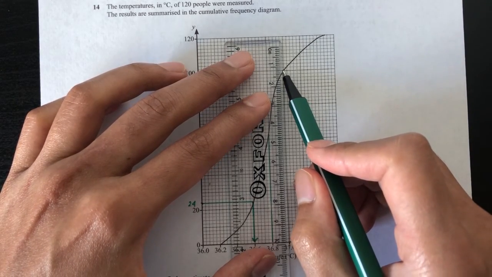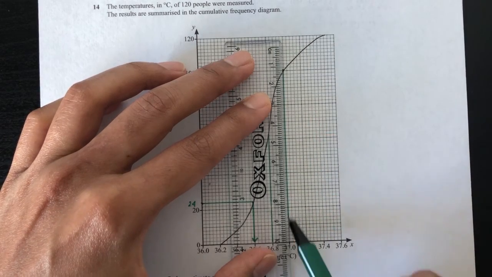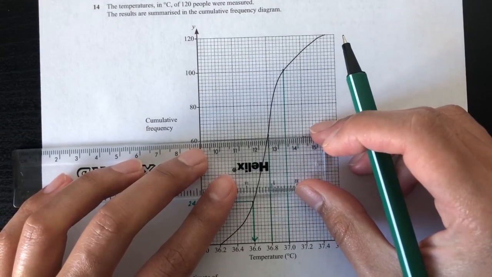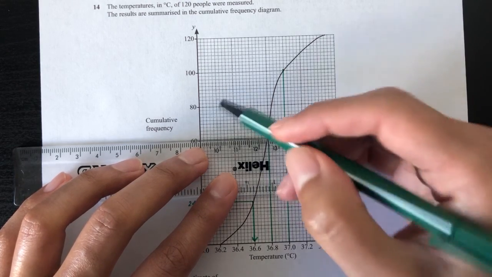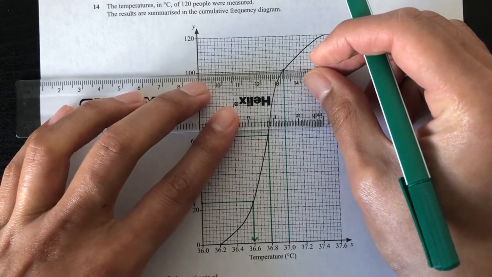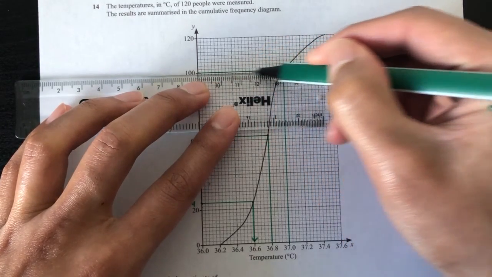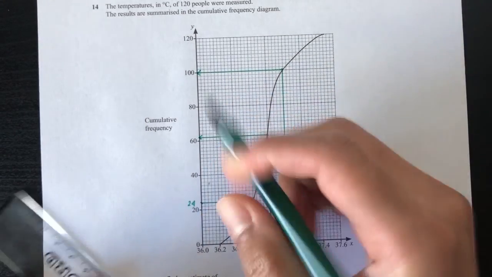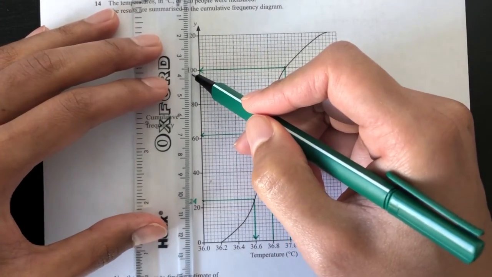Draw a vertical line and cut the graph. Once we do that, we have to match it to the number of people that have that temperature or lower. So that's the first line and that's the second line. For the answer, we have to find the distance between these two.